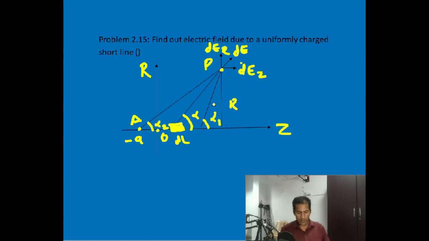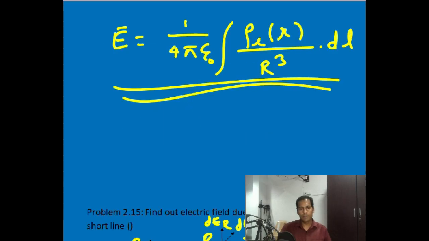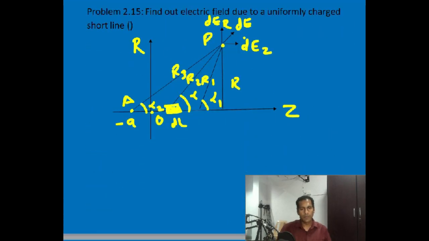So this is radius r, this is r1, this is r2, this is r3. Okay, so this is the setup given, and on z axis the distance will be z. So we have to find out the electric field intensity for this given setup.